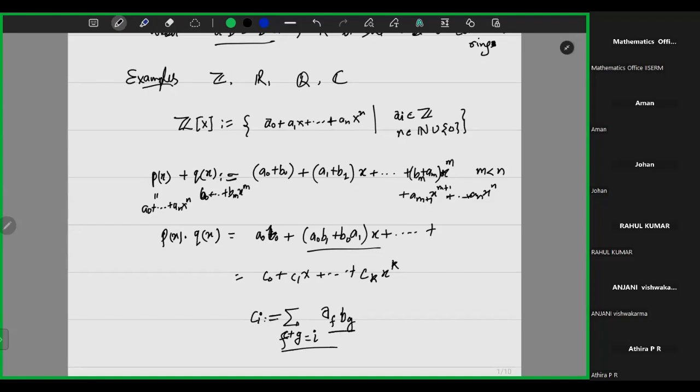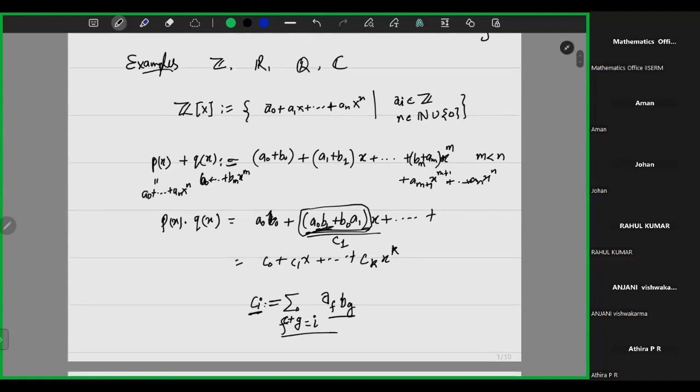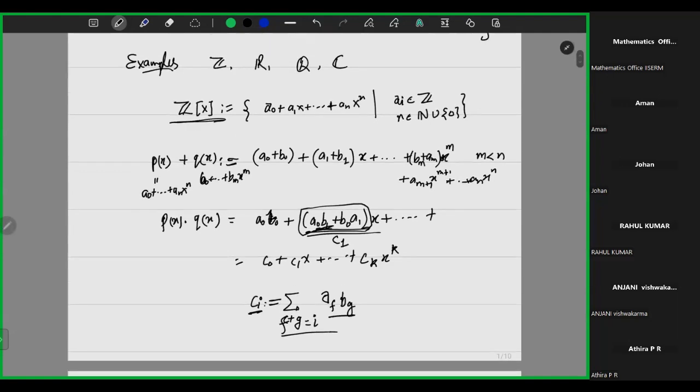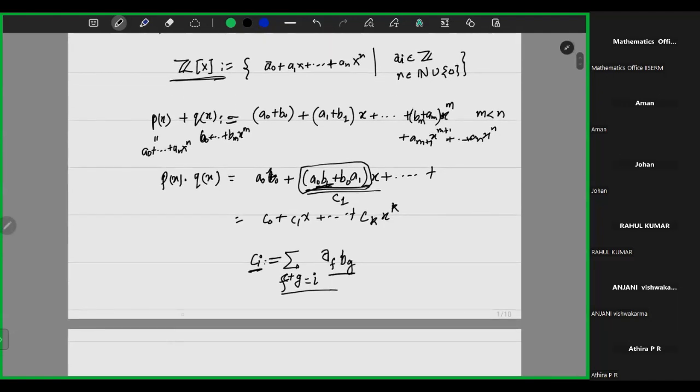This is your ith coordinate. For example, this is c1 and this is the sum for that. So this kind of multiplication is defined in polynomial rings, and then Z[x] becomes a ring with this multiplication and this kind of plus, defined degree-wise or coordinate-wise.